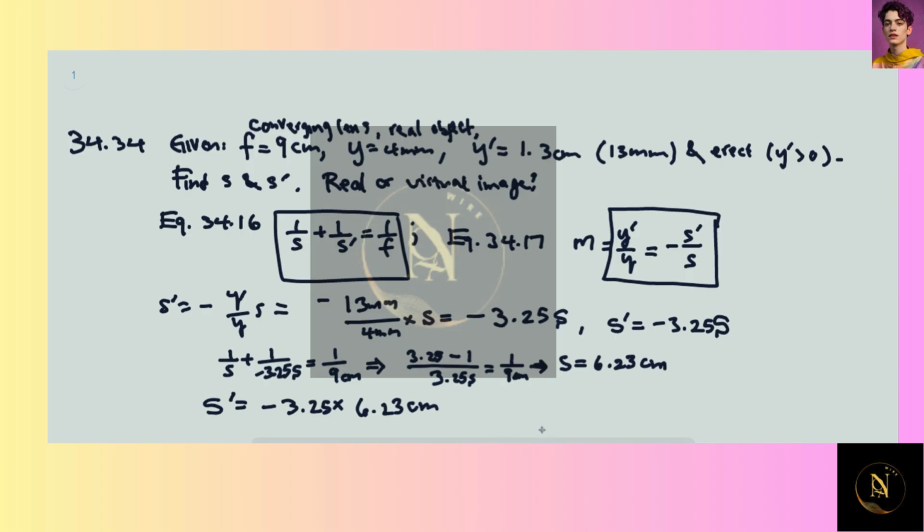That gives me an S prime of minus 20.25 centimeters. Okay, so we have determined S and S prime as asked. Since S prime is negative, the image is a virtual image.